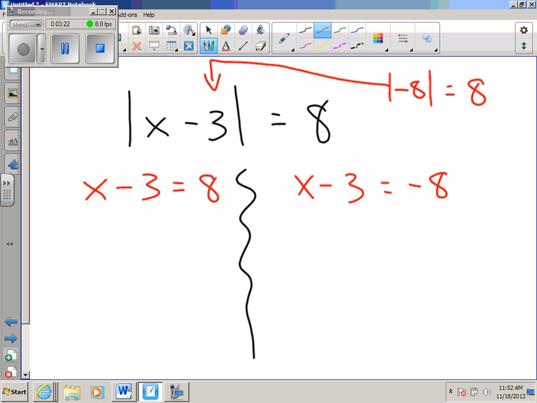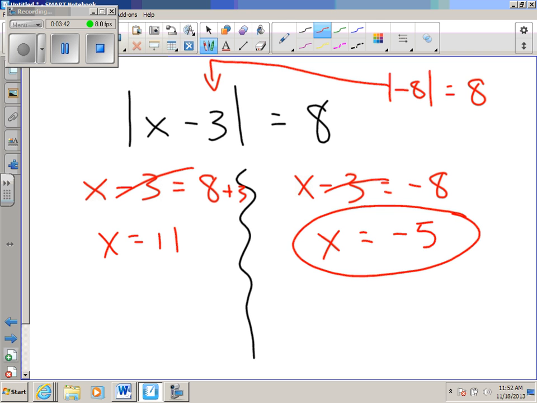So the opposite of subtracting 3, add 3. So x equals 11 is one of my choices. And over here, add 3 to a negative 8, negative 5. Okay? So my solutions are negative 5 and 11.